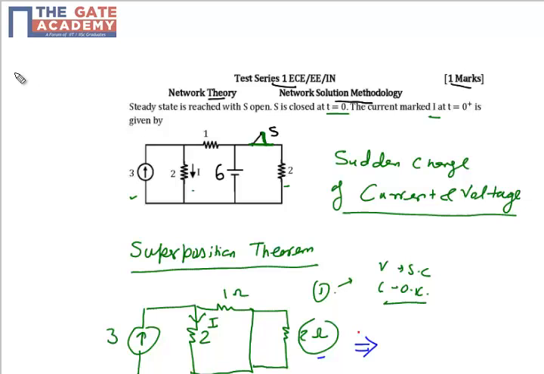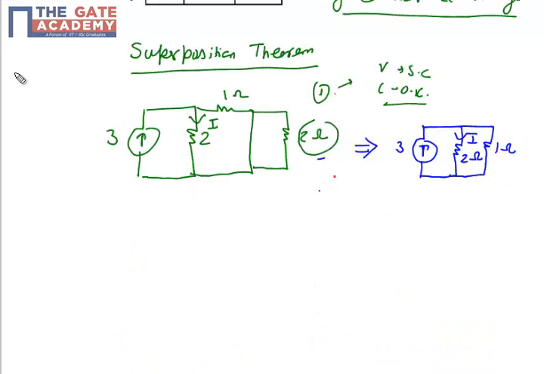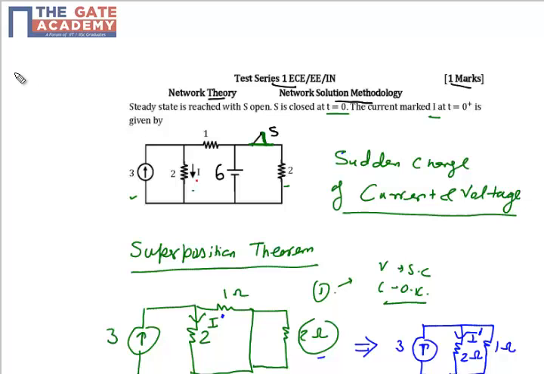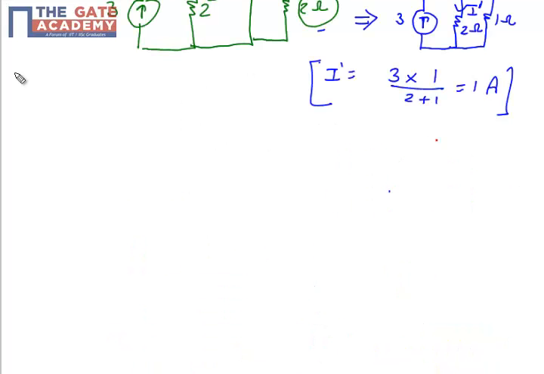So my effective circuit is one 3 ampere current source with two parallel paths, in which I am interested in the current across the 2 ohm. I name this current I dash. So I dash will be 3 into the current of the other branch upon total resistance, which is 1 ampere. So using the current source, I have calculated one component of the current I, which is 1 ampere.